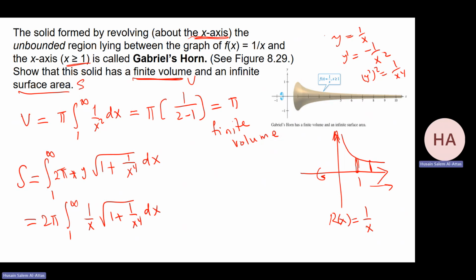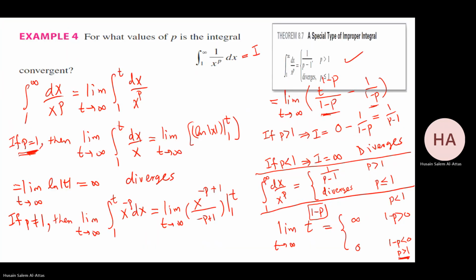Not easy to calculate. You can calculate it, but it will not be easy. But you can figure out something. You know the integral from 1 to infinity of 1 over x dx diverges, it goes to infinity. We know it from here: if p equals 1, I'm getting infinity.